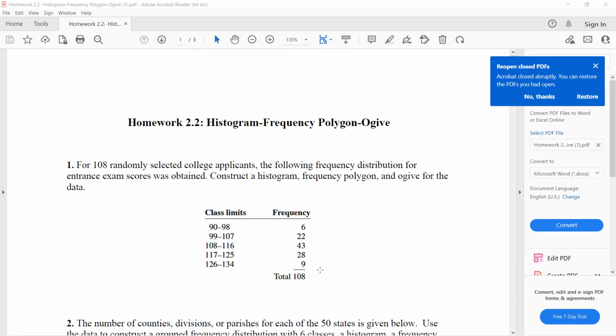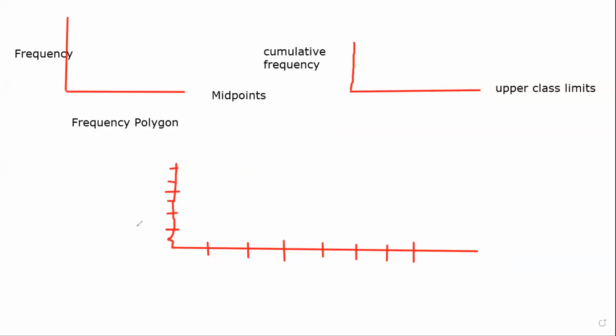So this is, okay, let's do this. All right, so the frequencies are going to go here. I'm going to scale this by 5, maybe 10. Let's see. Yeah, maybe 10 units. Do I need 43?